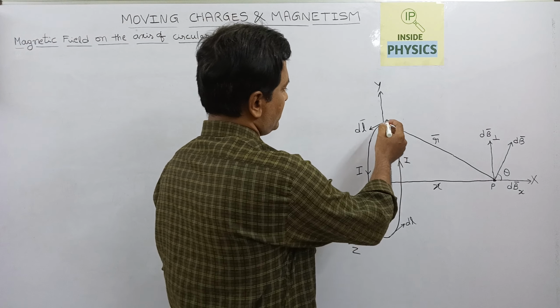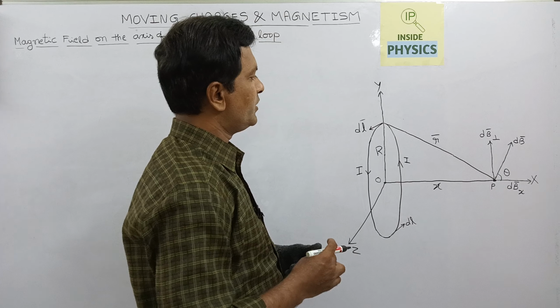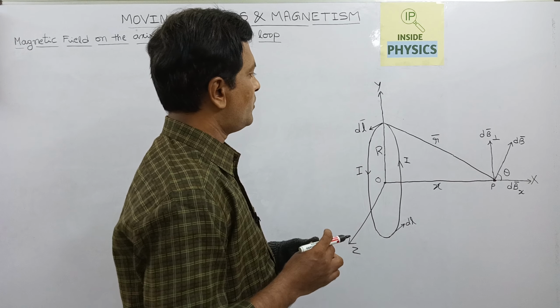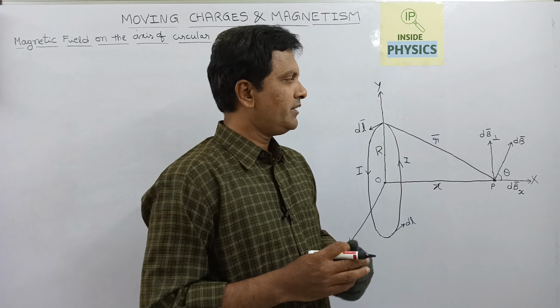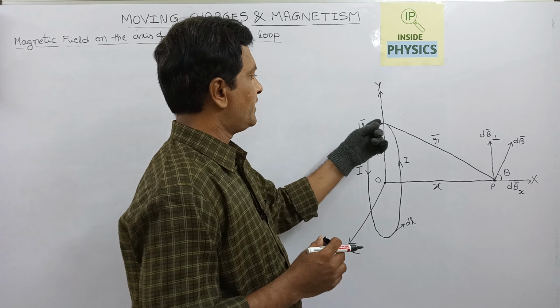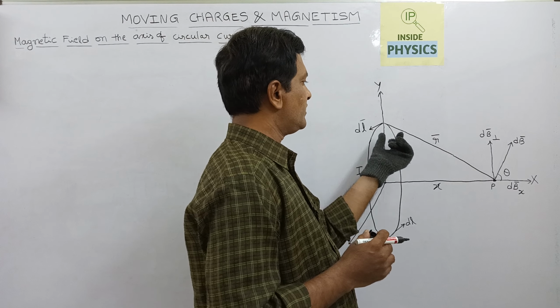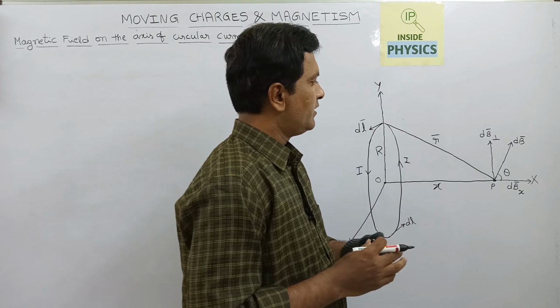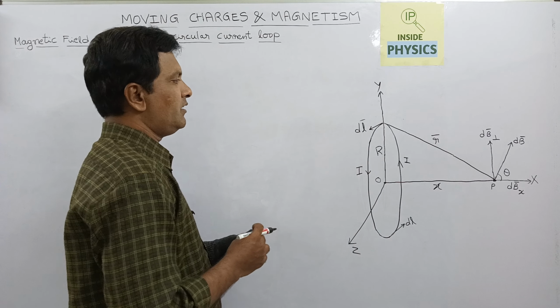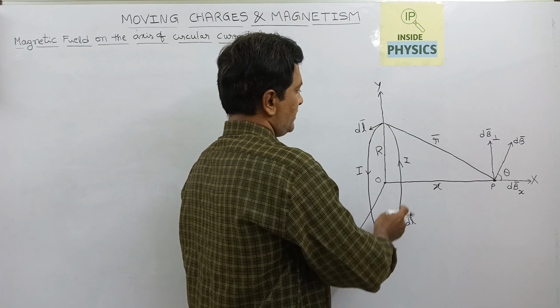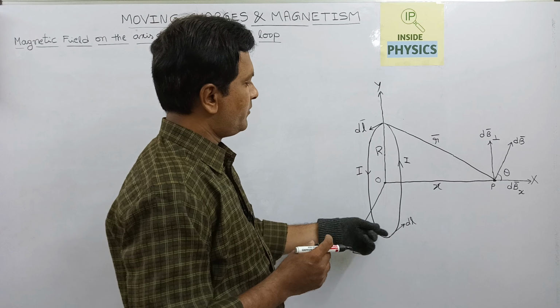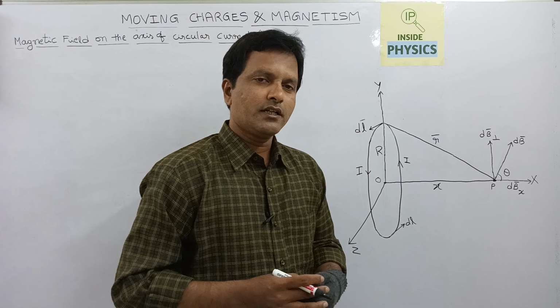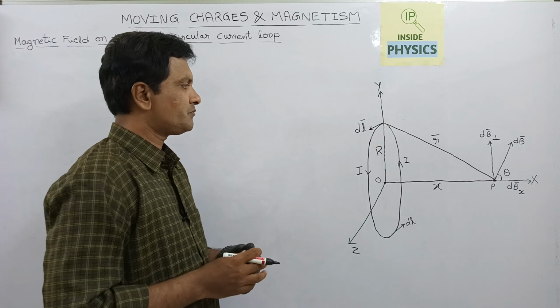We first need to get the small length element, and by calculating the magnetic field due to this small length at this point, we can then derive the magnetic field due to this current carrying loop.